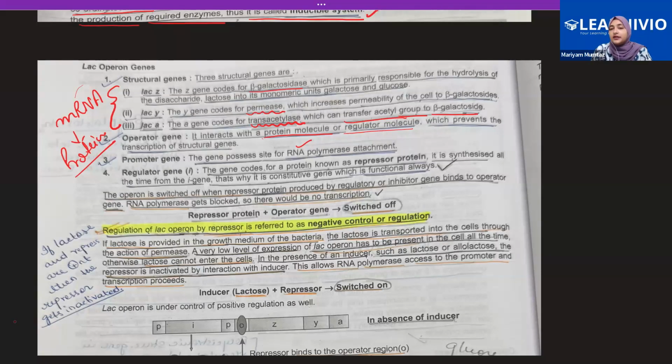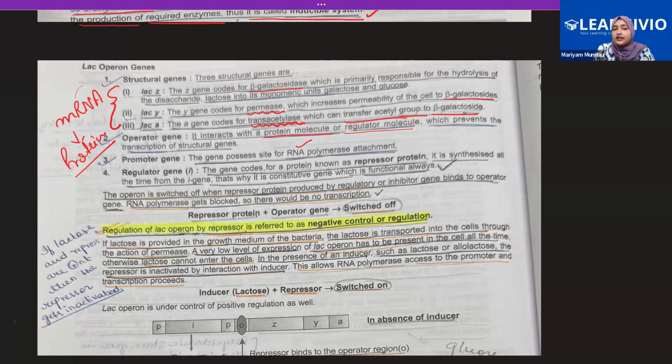So it increases the permeability of the cell to beta galactosides. And lastly, the LAC-A codes for the enzyme trans-acetylase, which transfers the acetyl group to the beta galactoside. So these are the 3 structural genes present in the prokaryote, the bacteria.